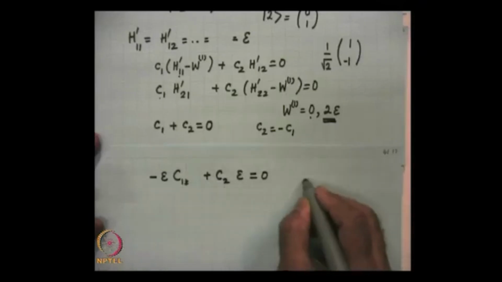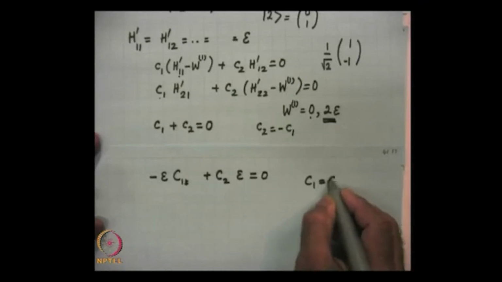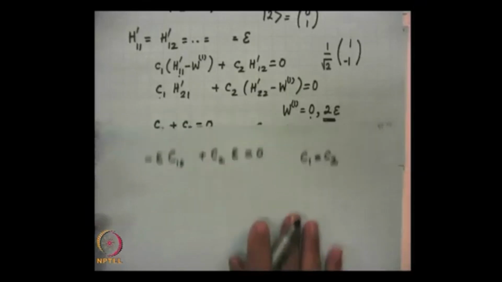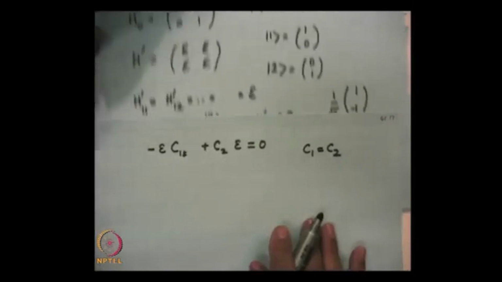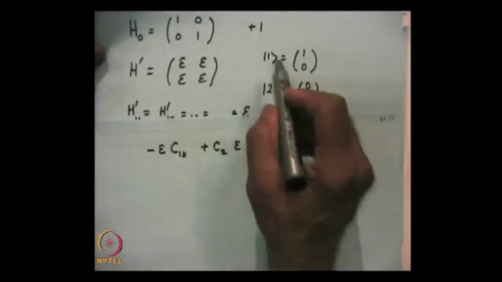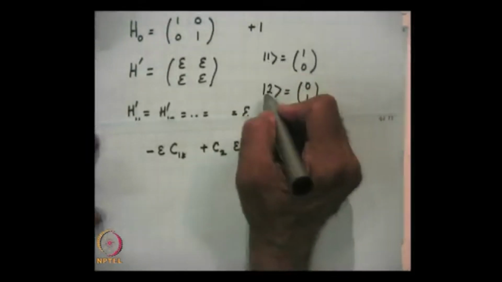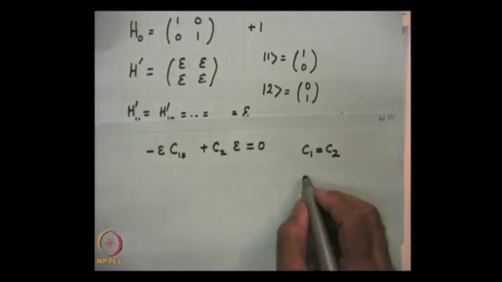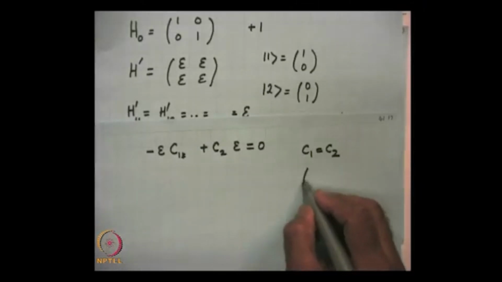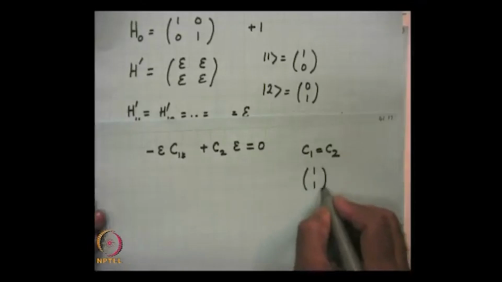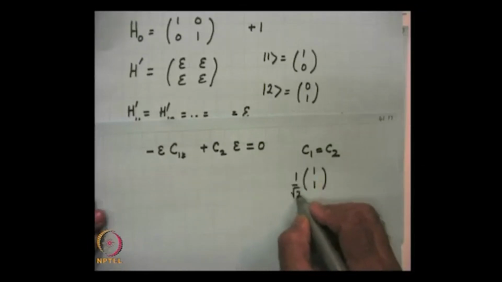The epsilon cancels out, so C 1 becomes equal to C 2. My eigenket is C 1 u 1 plus C 2 u 2, with C 1 equal to C 2, so my eigenket becomes 1 1 over root 2.